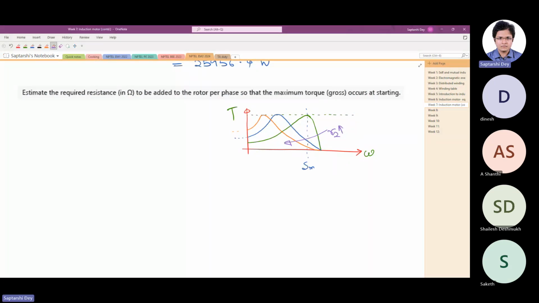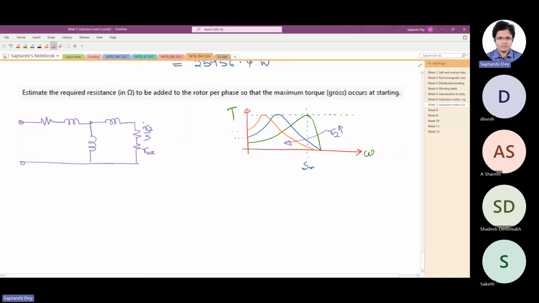If you look at the equivalent circuit, this is what we already have. This we have added externally. Otherwise, the whole thing remains the same.